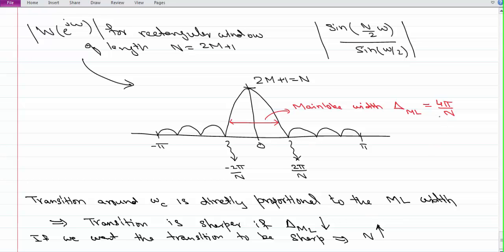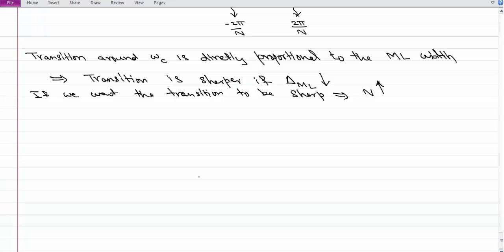You increase the length of your filter by a factor of 2, your transition is sharper by a factor of 2. So the rule for selecting the length of the filter is it should be big enough so that the transition of your filter satisfies your requirements.